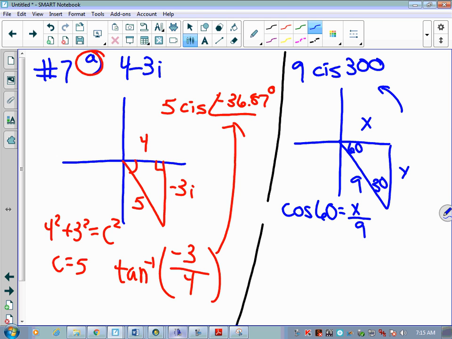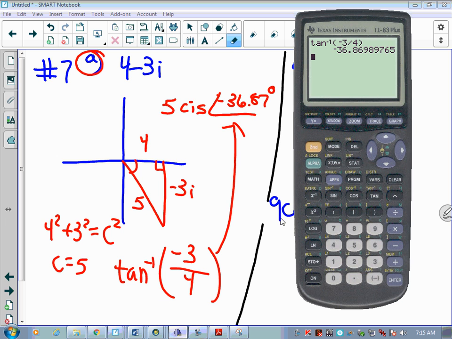So that's why we're using ultimately 9 sine 60. Let's see what 9 cosine 60 is. Okay, we get 4.5.